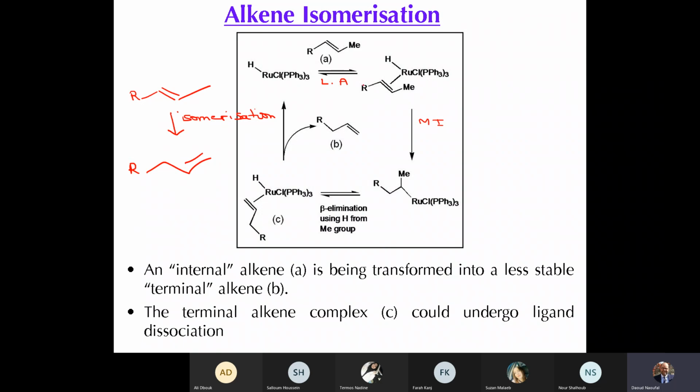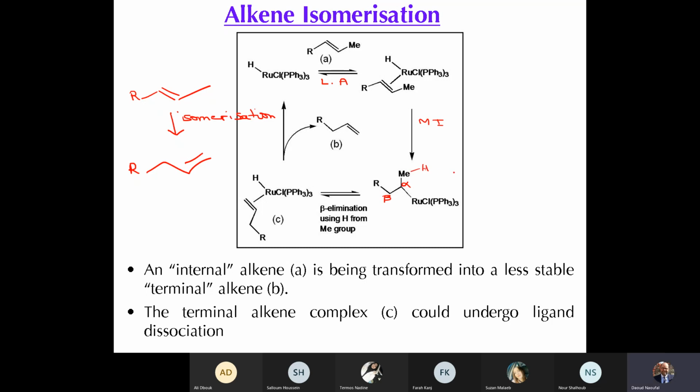In this structure we have R. The mechanism is given, so we have migratory insertion. We obtain this structure. Pay attention that we have alpha carbon and beta carbon, and always we have hydrogen in this methyl.